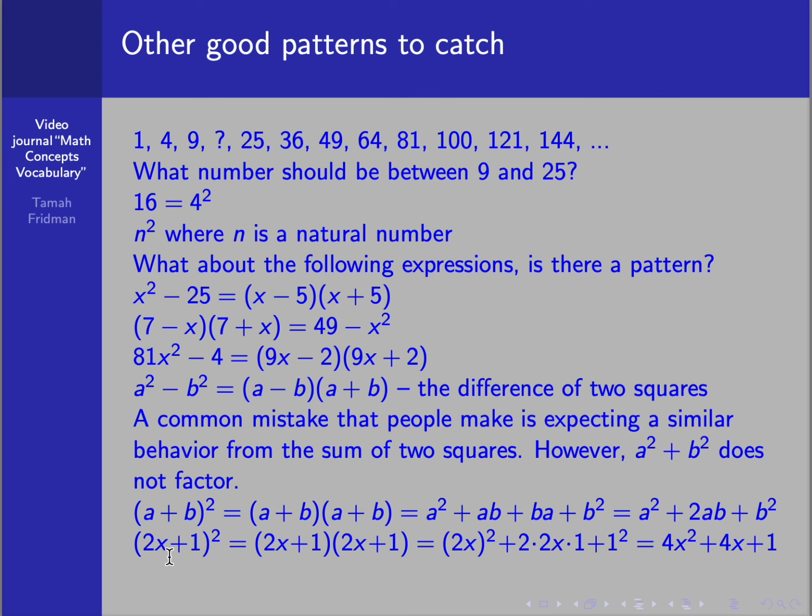But using the shortcut formula, you jump from here to here: the first term squared, plus 2 times the product of the mixed terms, 2x and 1, and then plus the last term squared. So we end up with 4x squared plus 4x plus 1. Okay.